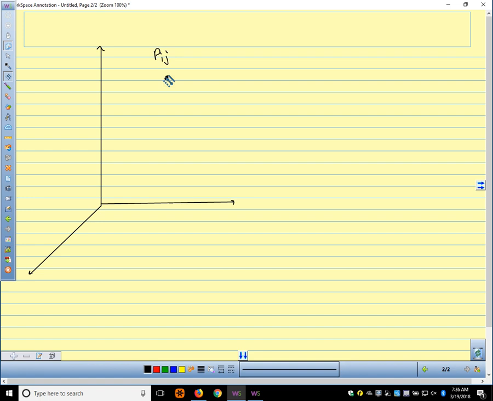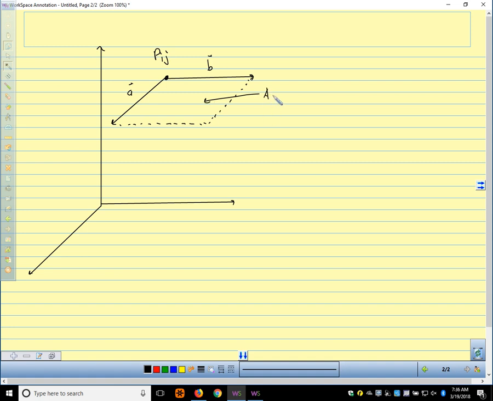So I'm going to call this vector A, and vector B that's parallel to the y-axis. These are adjacent sides of that little piece of the tangent plane. So if I extend this over, we get a little parallelogram. And the area of this portion of the tangent plane we'll call delta T sub ij.